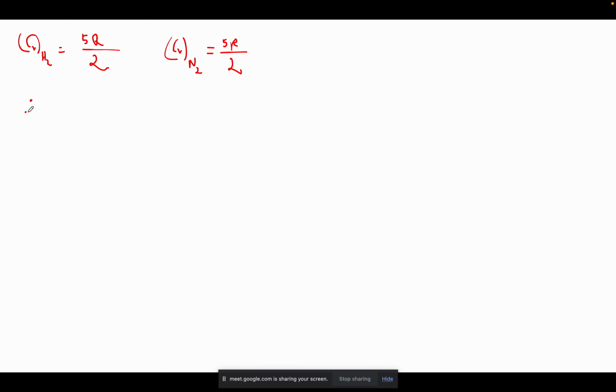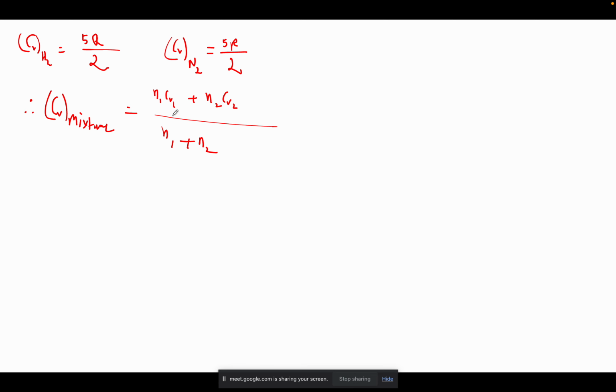Therefore the CV of the mixture will be N1 CV1 plus N2 CV2 divided by N1 plus N2. So this is the formula for finding the mixture.